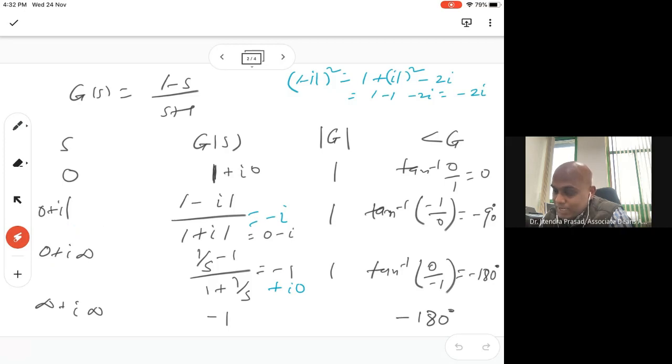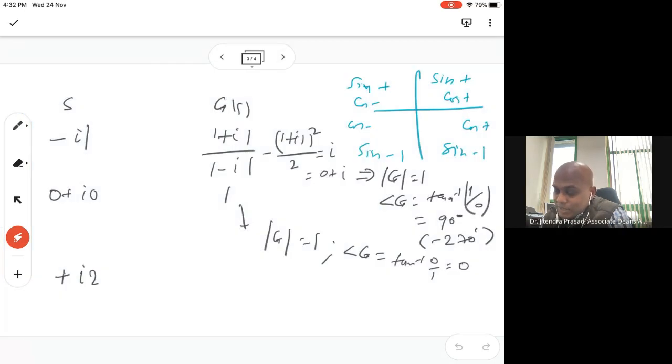Then what happens? Do we still get 1? So G of s will be equal to 1 plus I2, sorry, 1 minus I2 divided by 1 plus I2, right?